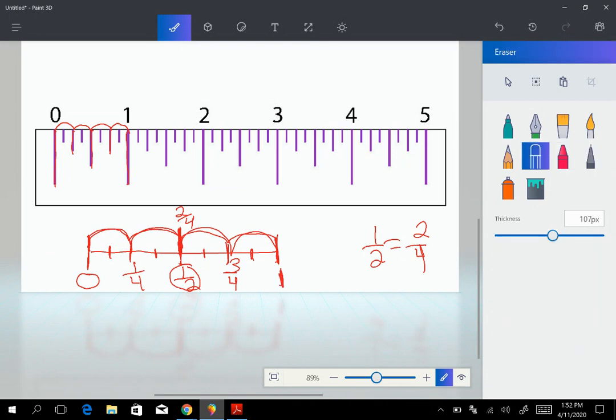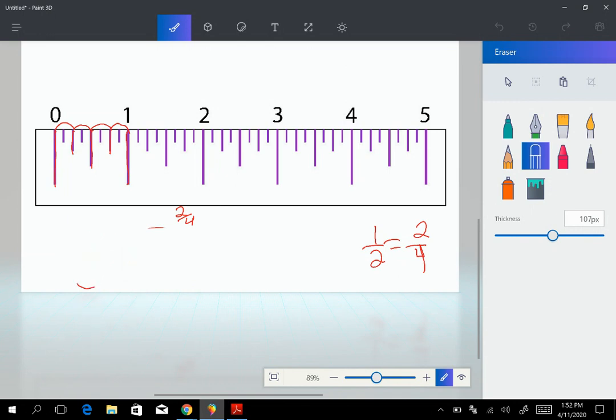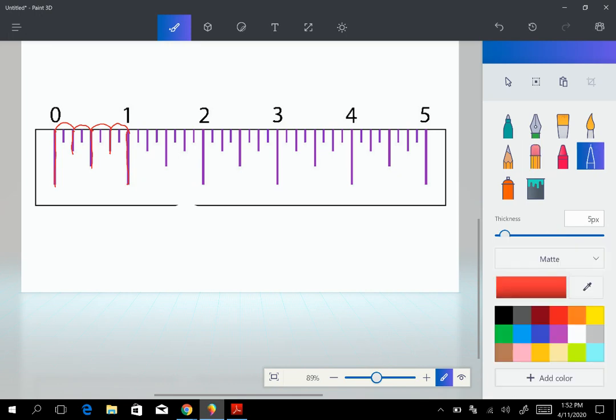Okay, so let me erase this mess down here, and then we will do measuring to the nearest half inch and whole inch. Okay, so if we have something that starts at the 0 and goes here and lines up down here at this line, we know that it passed the whole, it passed one whole, and then goes a little bit farther to this line, which is the half line.